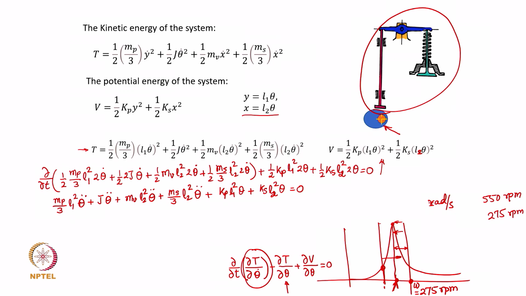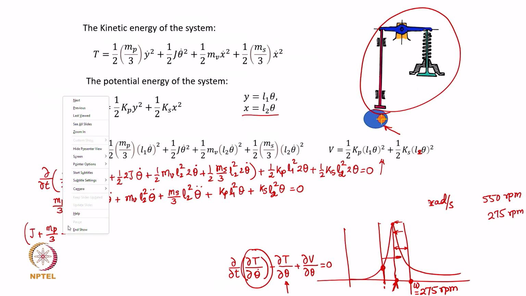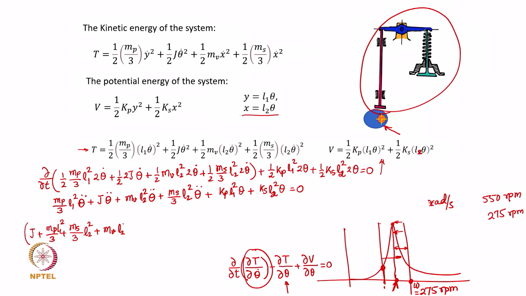But if we bring in all the terms in theta double dot together, then I have J plus mp over 3 L1 square plus ms over 3 L2 square plus mv into L2 square, theta double dot, plus kp L1 square plus Ks L2 square into theta equal to 0, which is in the standard form of m x double dot plus k x equal to 0.